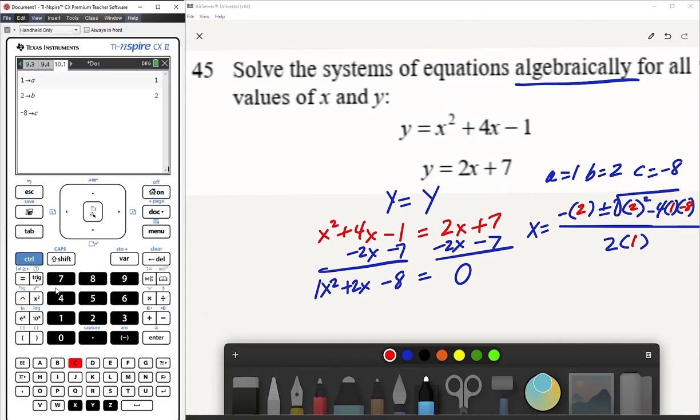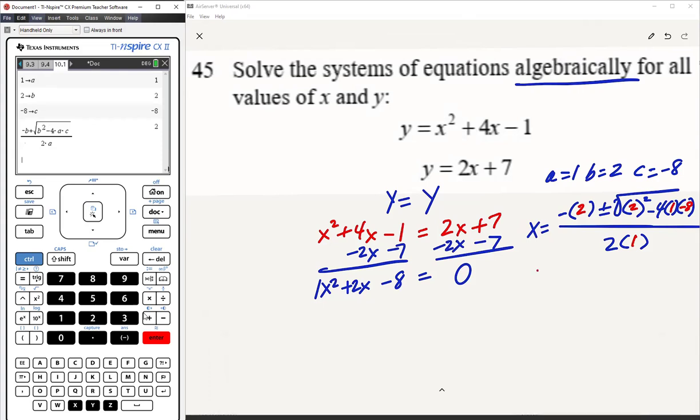And then I'm just going to type in the formula, control divide. It's going to be negative b plus, we don't have a plus or minus key, so we have to do it one at a time. And this is going to be the square root of b squared minus 4a times c, divided by 2a. Then press enter, and it tells me that one of the x values is x equals 2.